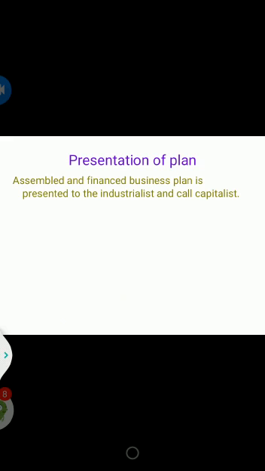Then the last is presentation of plan. Presentation of plan means whatever business plan you have prepared, the assembled and financed business plan, right? Because we have gone through those stages, the assembled and financed business plan is presented to the industrialist and the capitalist.